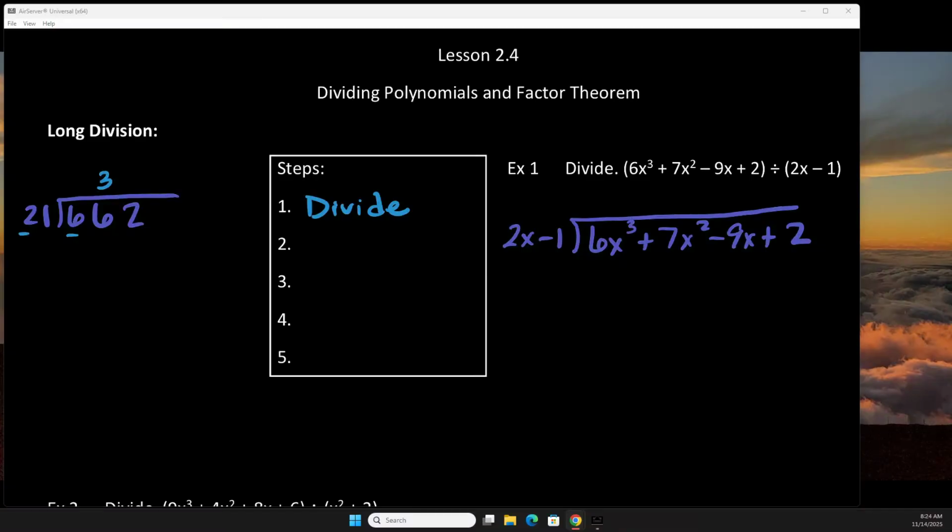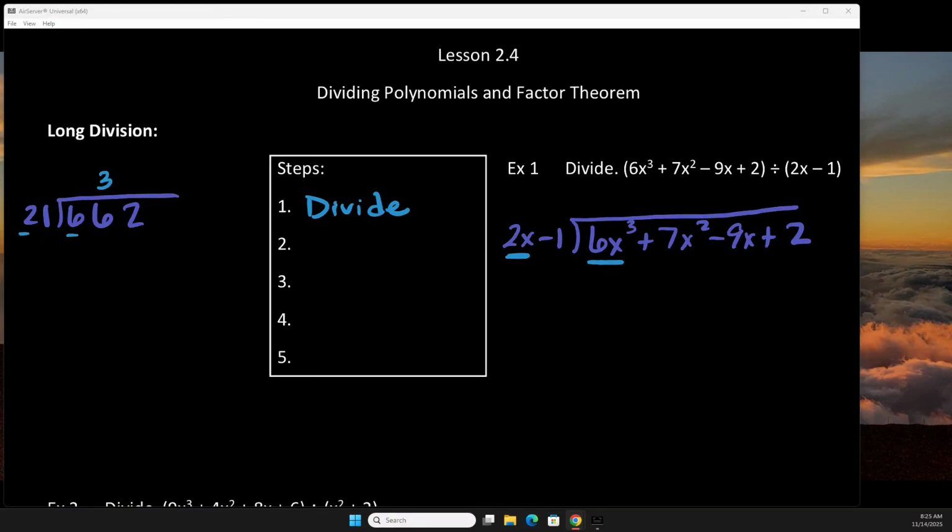Let's go ahead and do that divide step. Same thing, we didn't focus on the whole 21 or the whole 662, so we're not going to focus on the whole thing. When we do the divide step, we're just going to focus on the 6x cubed and the 2x. What I do is ask myself, what do I multiply 2x by to get 6x cubed?